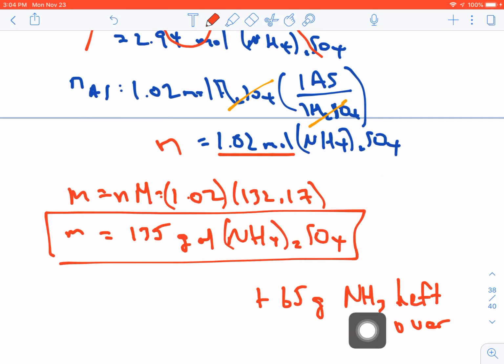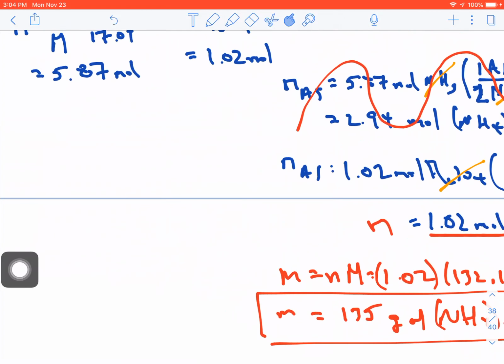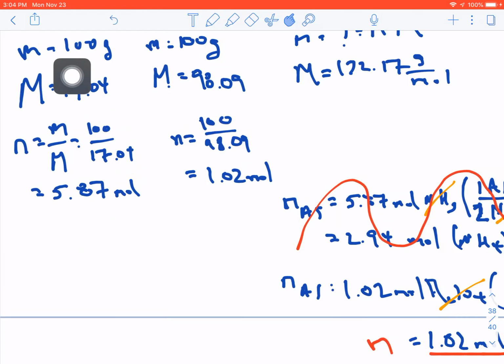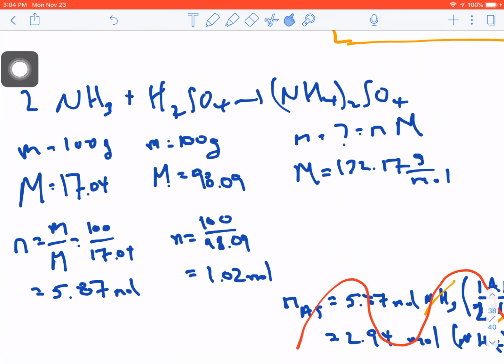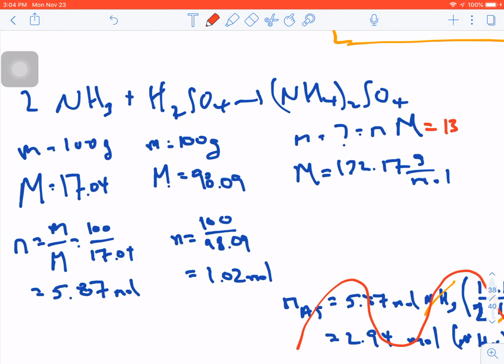I had way more NH3 than I needed, because the mass of the products has to equal the mass of the reactants. And remember, I started with 200 grams of reactants, 100 grams of one and 100 grams of the other, right? But I only got 135 grams. That means 65 grams of reactant was never used up.